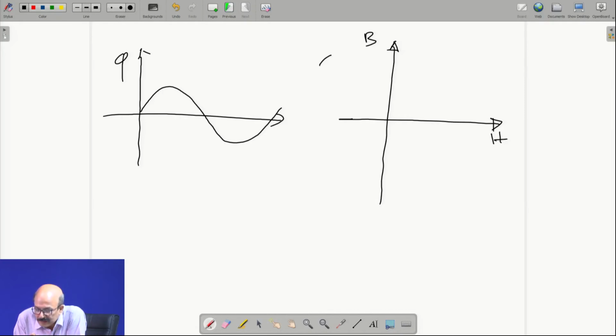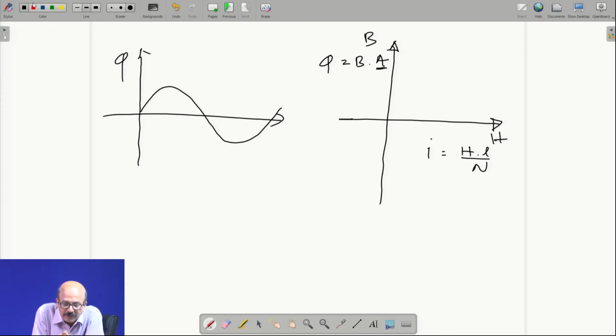We know that flux is nothing but B into A, and H l is nothing but N i, so i is H into l by N. Clearly, because A is a constant area and l by N is also constant, in a different scale this will be your phi-I characteristic, right. So, I can put this as my phi and this as my I in a different scale.